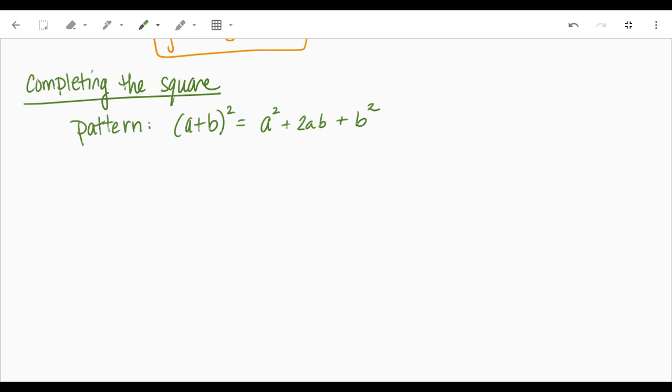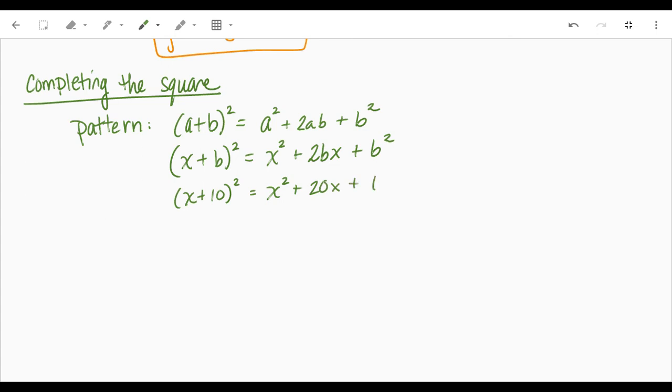So if you have an x or a variable in there, which you're going to have in these, it would be x squared plus 2bx plus b squared. For example, if you had something like x plus 10 squared, you'd have x squared, and then all you'd have to do is 2 times x times 10, so plus 20x plus 100.